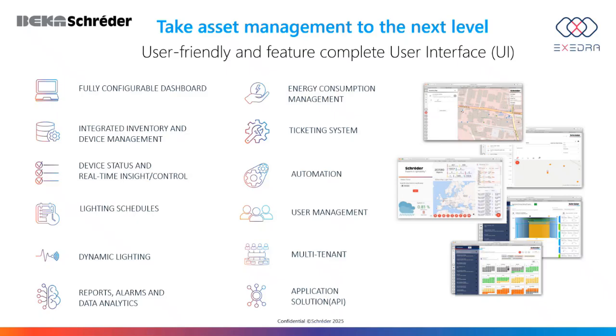Then there's the ticketing system for maintenance management and control, knowing which asset to attend to and where exactly that asset is situated in the city can be set and triggered automatically to the relevant maintenance teams.